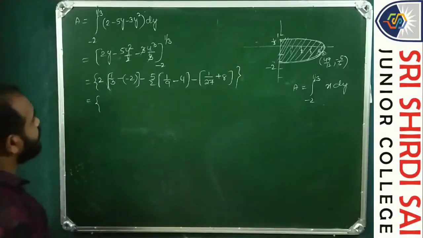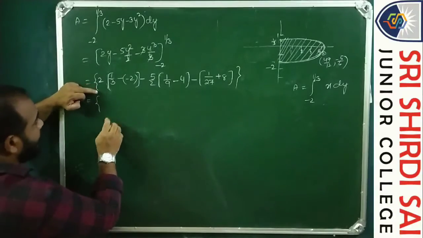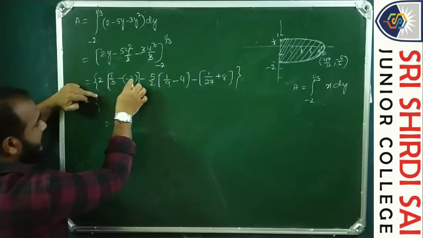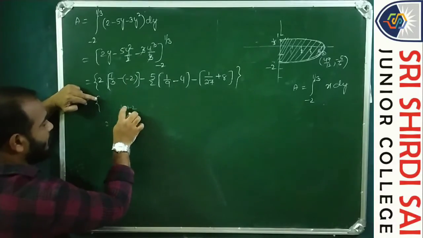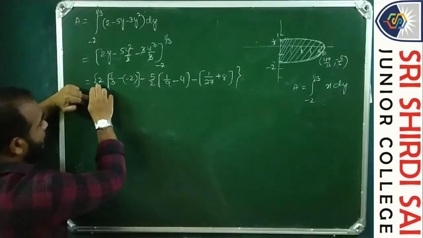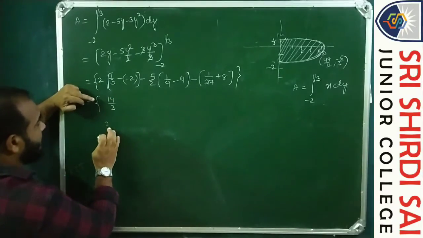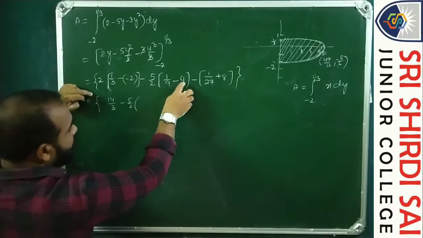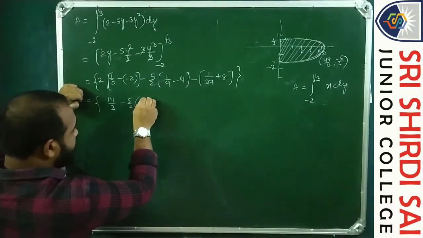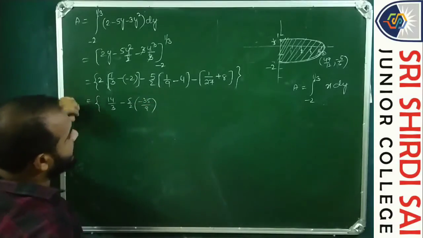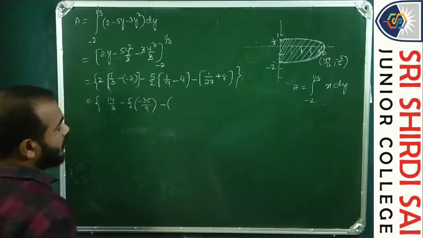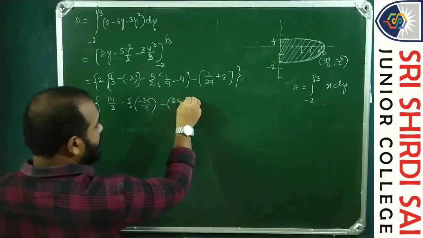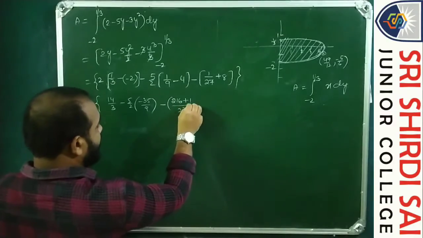This equals 2 times (1/3 + 2): 2 3s are 6, 6 plus 1 is 7, so 2 7s are 14/3. Then minus 5/2 times (1/9 - 4): 9 4s are 36, so -36 + 1 is -35/9. Minus, 27 8s are 216, plus 1, so 217/27.